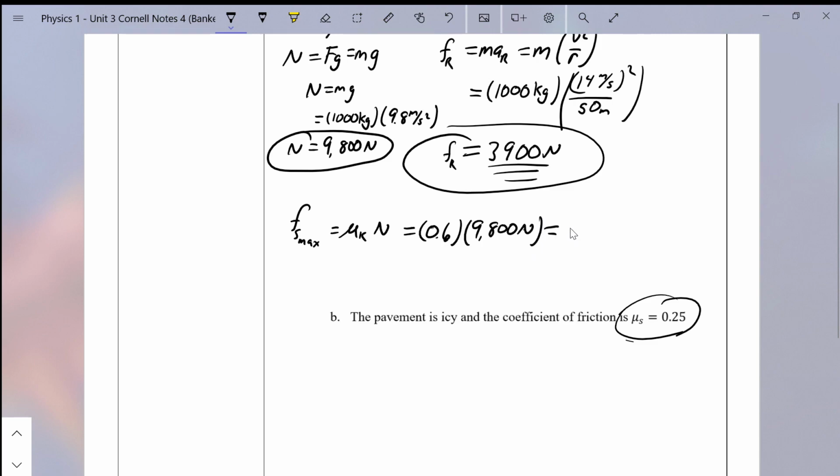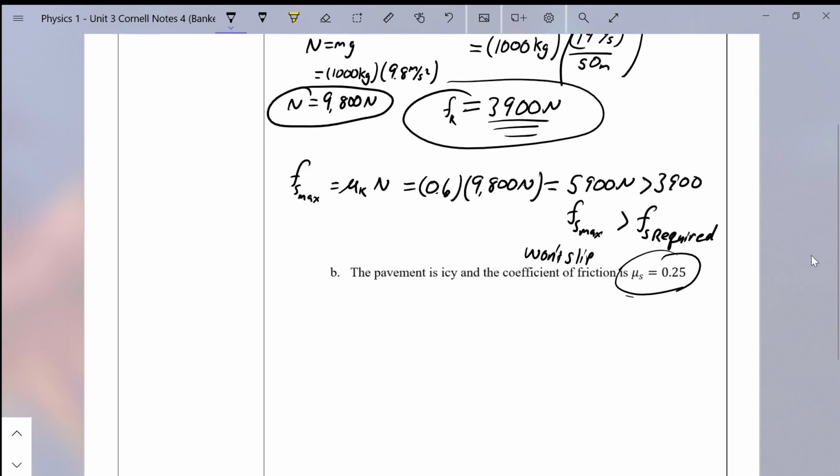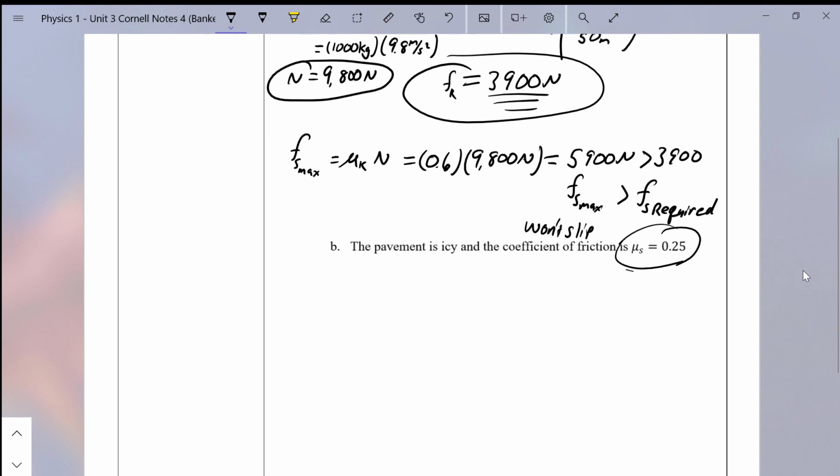And so the answer I get is somewhere around 5,900 newtons, which is greater than 3,900 newtons. And so Fs max is greater than Fs required, and so it won't slip, because the surface conditions can provide even more friction than what the car needs to stay on this path.